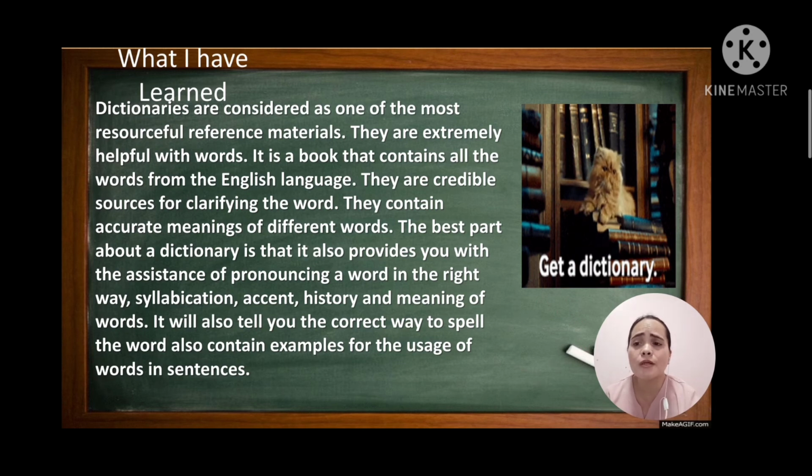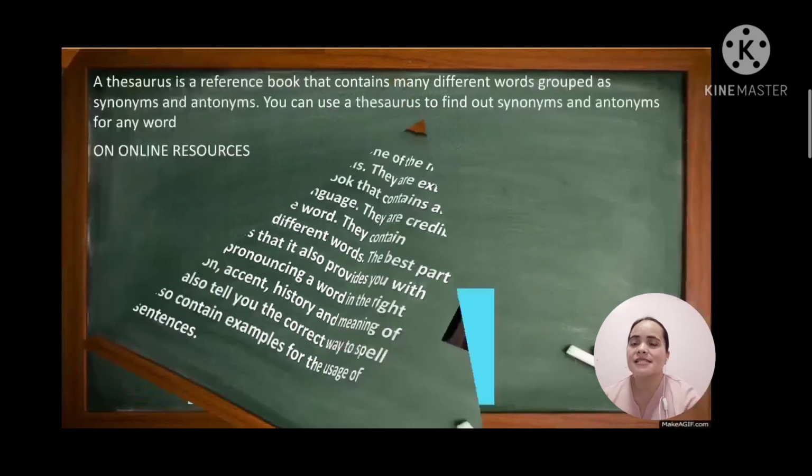And the best part about a dictionary is that it also provides you with assistance in pronouncing a word the right way, syllabication, accent, history, and meaning of words. It will also tell you the correct way to spell, and it contains examples for the usage of words in sentences.